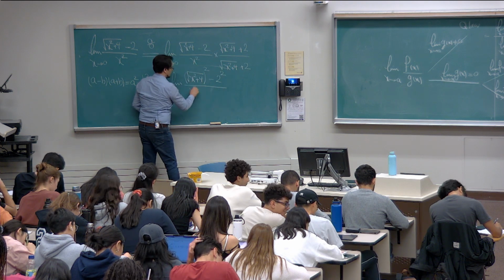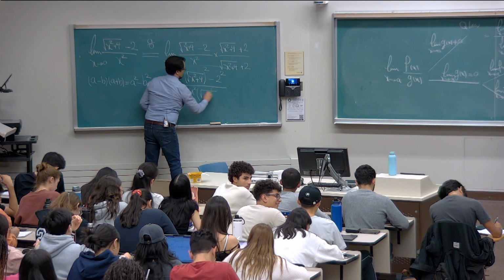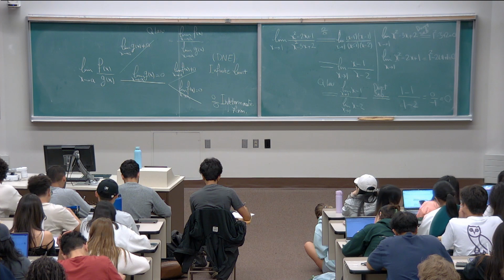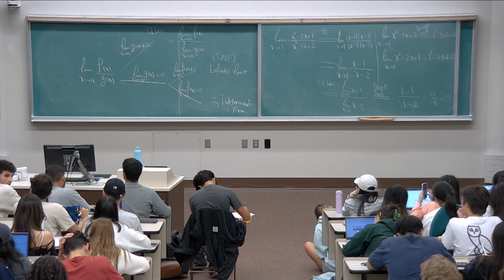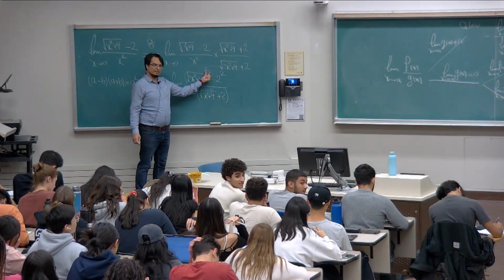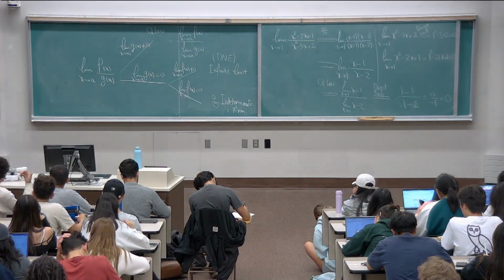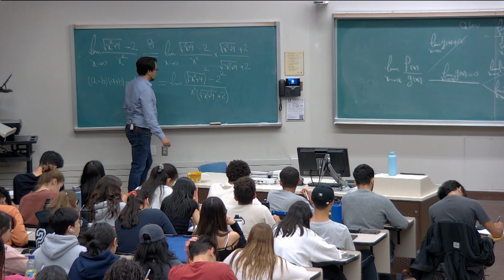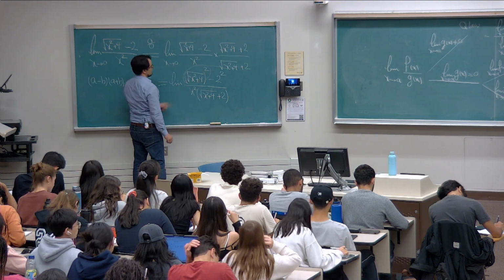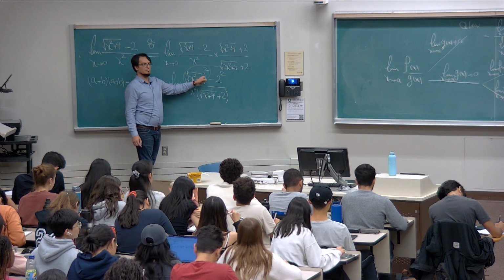Denominator, I'll just write as I see it. When the square root of something is squared, the square and square root cancel each other, and what we get here is just x squared plus 4.